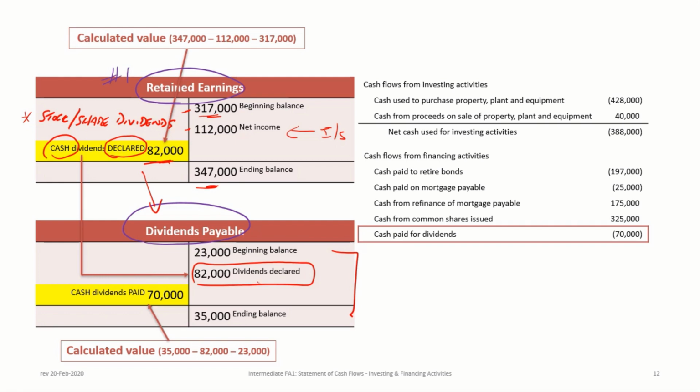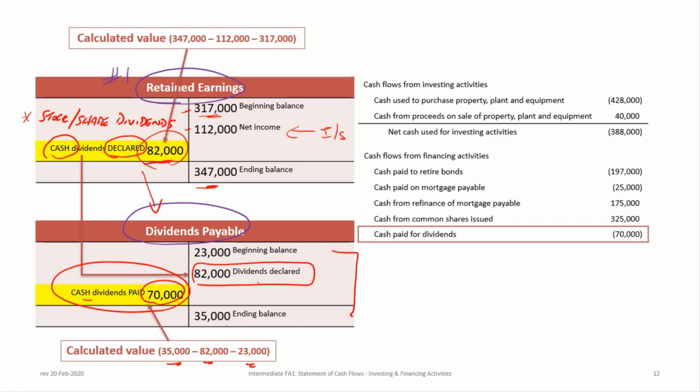I add dividends declared, and then I have to take out the ending balance, or you can work backwards. Usually I tell students to work backwards from $35,000, subtract the amount declared, subtract the beginning balance, and that means that we can plug this dividend payable account to say, oh, okay, the amount of cash that had to have been paid was $70,000. And you can see that that's different from the amount of dividends declared.